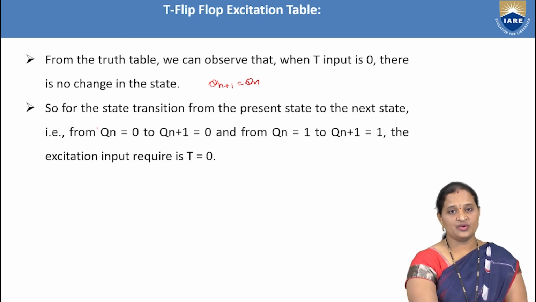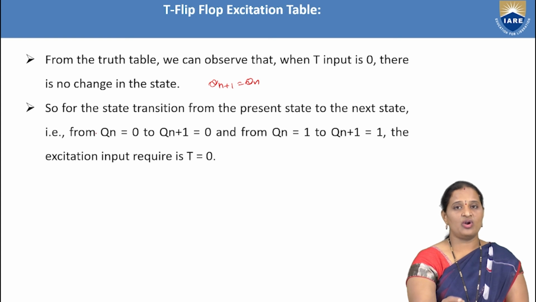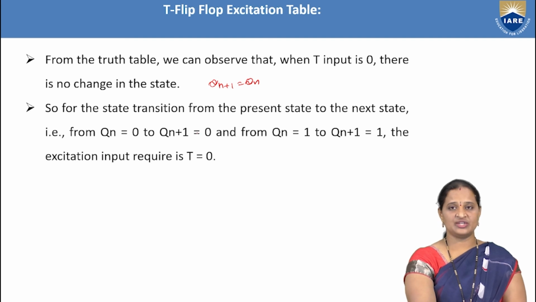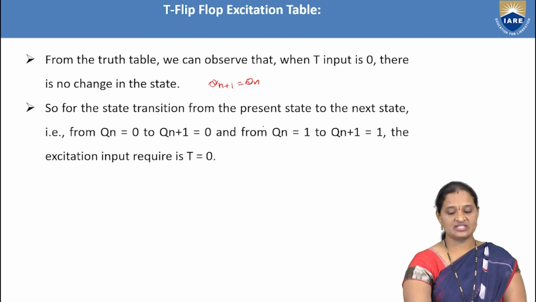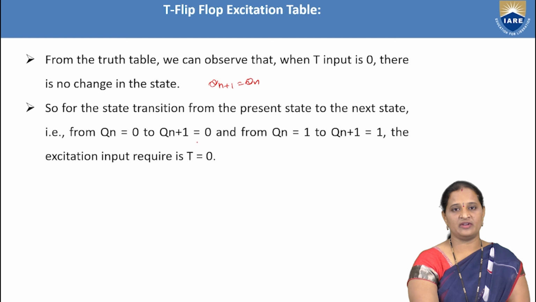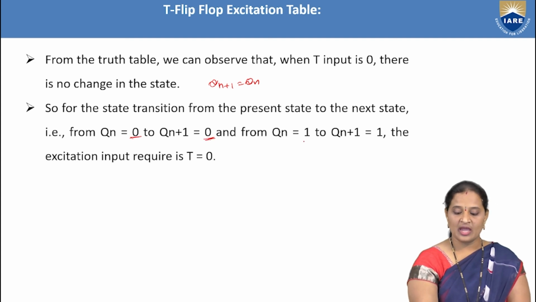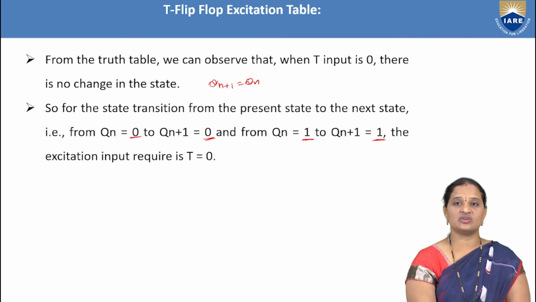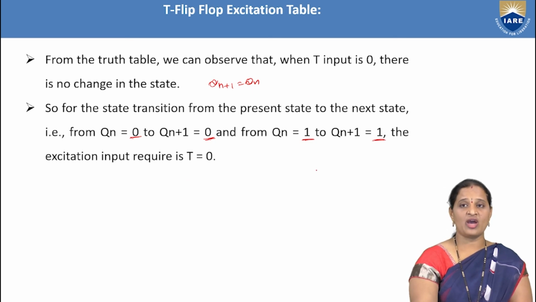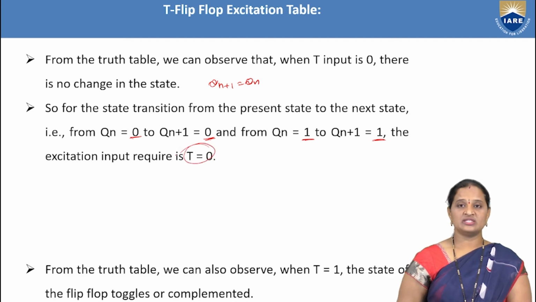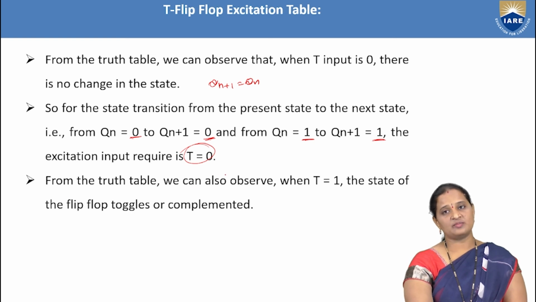Hence, if you want to have a transition in the flip-flop from present state 0 to next state 0 and from present state 1 to next state 1, we need to apply the input to the T flip-flop, T, as 0. Because in both cases, present state is 0 and the next state is also 0, and here present state is 1, next state is also 1. So in order not to have a change in the state, T must always be equal to 0.